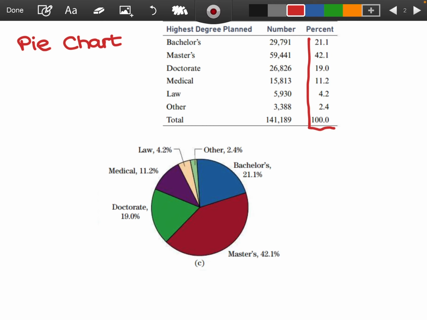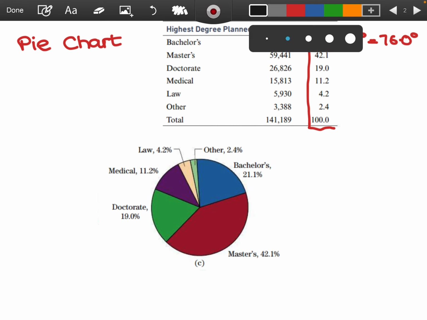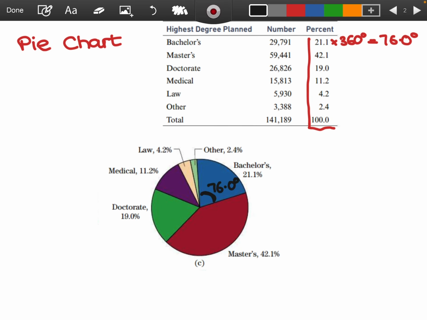So here, if I've got 21.1, I'm going to multiply that by 360 degrees, and you should get, rounded to one decimal place, 76.0. So the angle in my sector for my bachelor's degrees should be 76.0 degrees. Okay, then you can use a protractor and go ahead and mark that out.